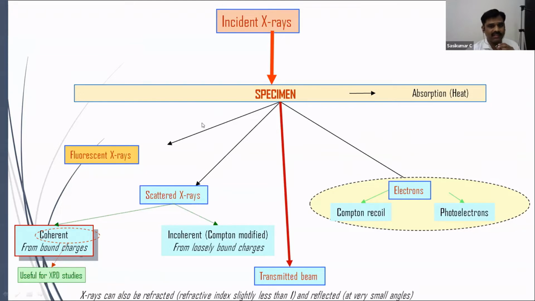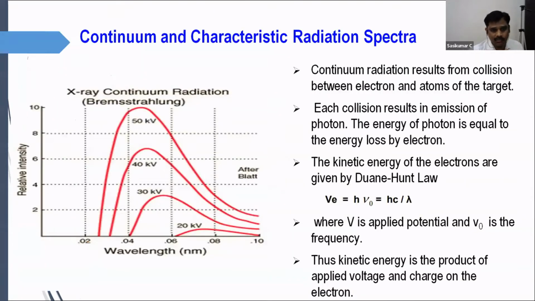Based on this, we have different tools, whether XRF, XRD or electron methods. If you look into the X-ray spectrum, two characters are very clearly obvious: one is the continuum spectrum, another is the characteristic spectrum.